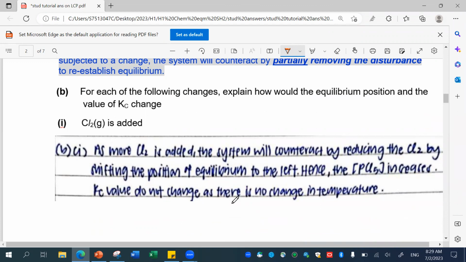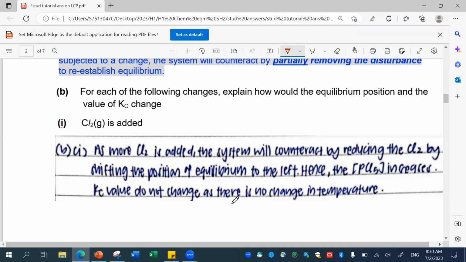What is so good about this answer is, number one, she stated very clearly that this is the disturbance. And in her explanation, she incorporated the essence of the Le Chatelier principle, trying to reduce the chlorine, therefore PCl5 will increase in concentration.